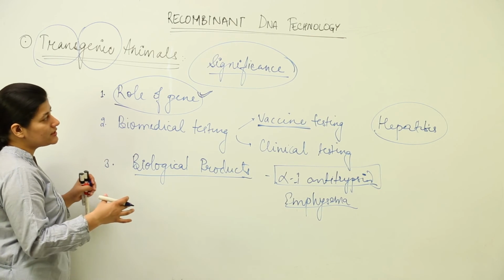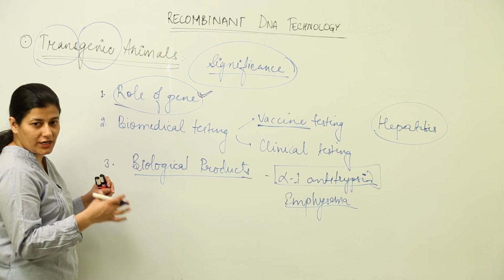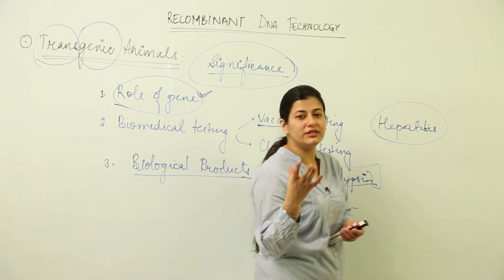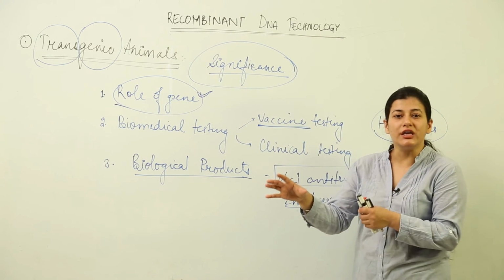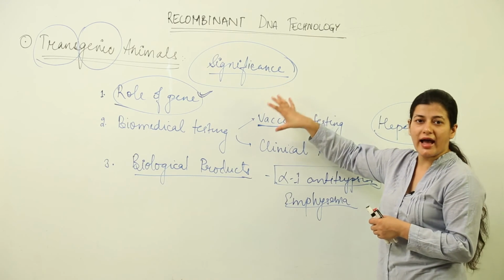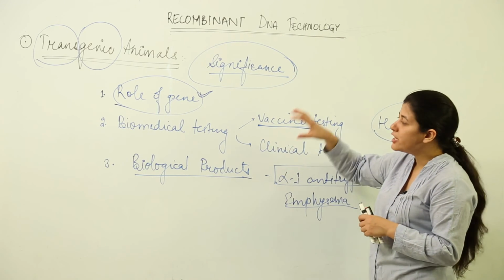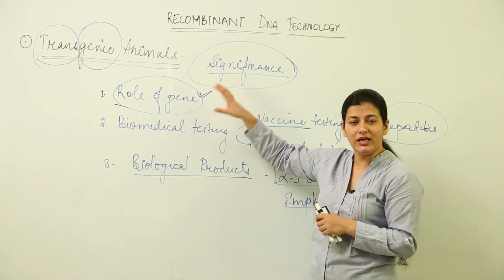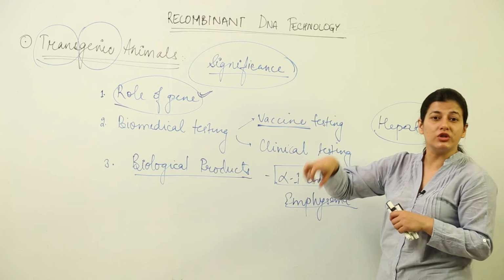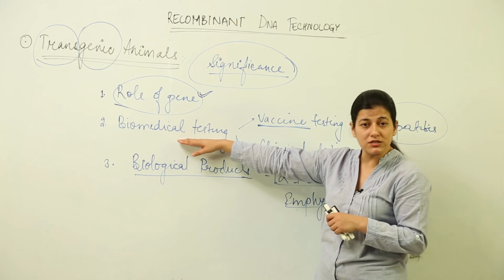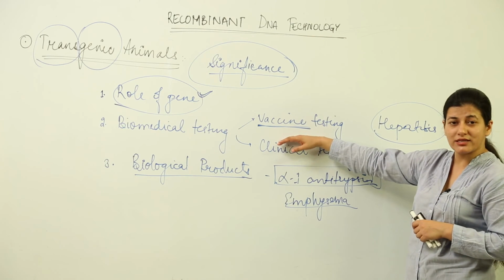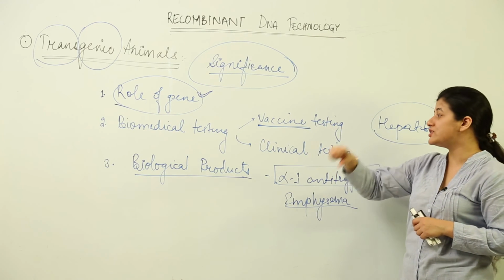So when we see the significance of transgenic animals, we get to see that first of all, you don't have to do the testing on living individuals, that is in the case of humans, because this is aimed at the benefit of the human race. So we see the role of the gene in the transgenic animal itself, instead of checking it on humans. We also use this in biomedical testing, where we make recombinant DNA vaccines and check them using transgenic animals.